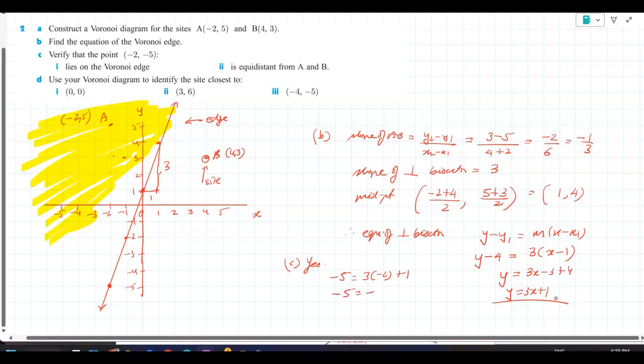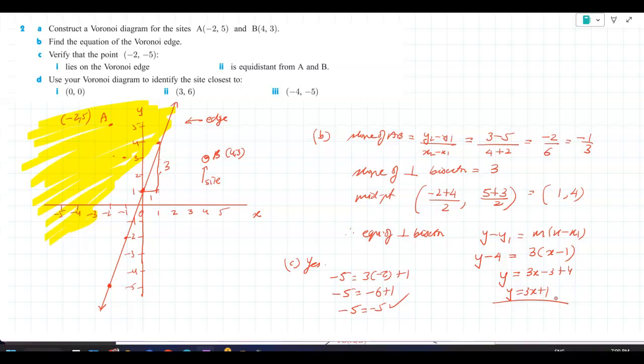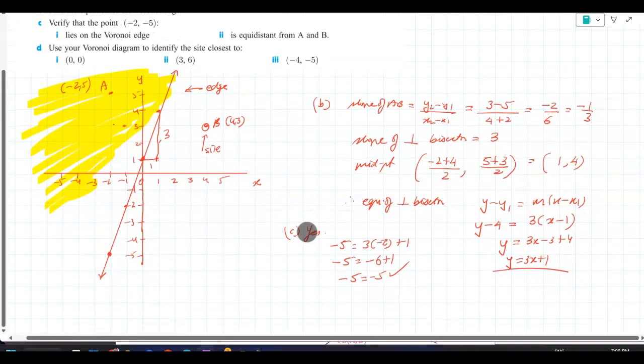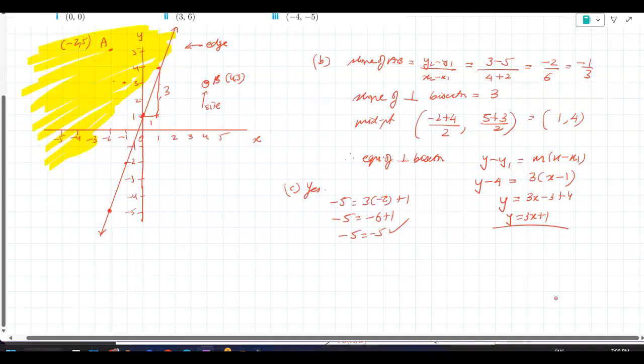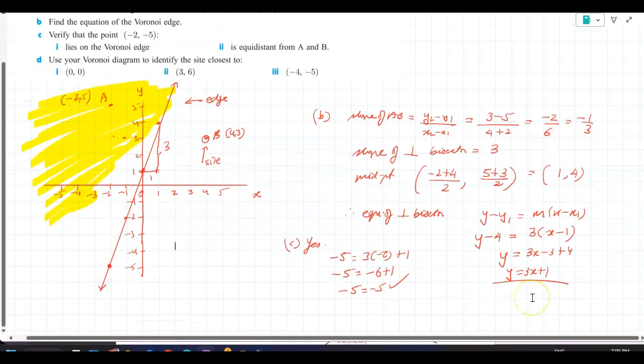Minus 5 is equal to minus 6 plus 1. So minus 5 is equal to minus 5. Yes. Or you can check whether minus 2, minus 5 is equidistant from A and B. Is the distance the same from A and B? Yes, because when it lies on the perpendicular bisector, it's equidistant.